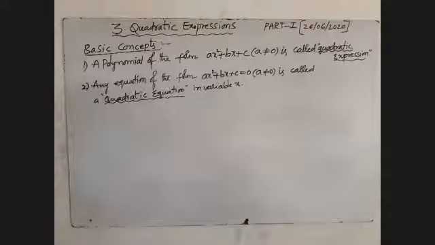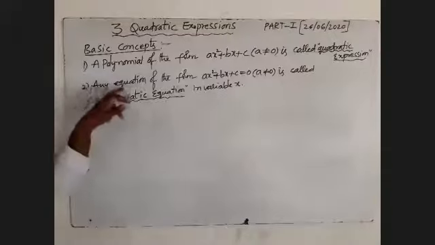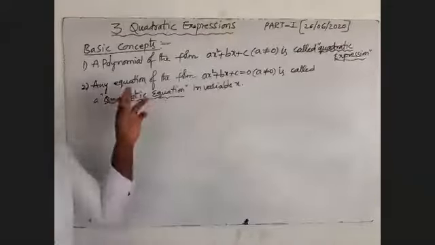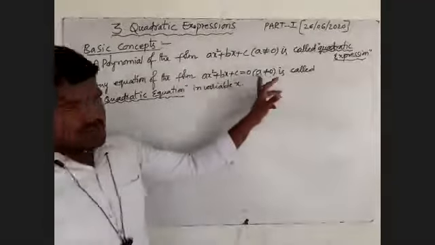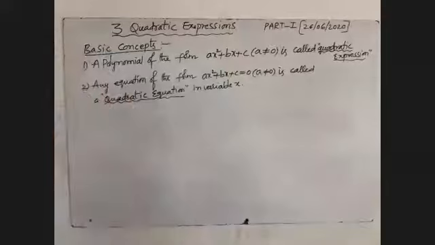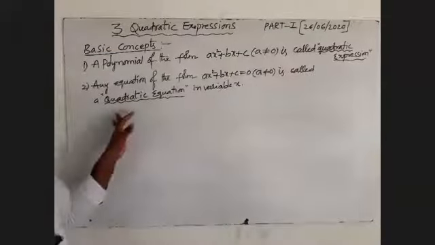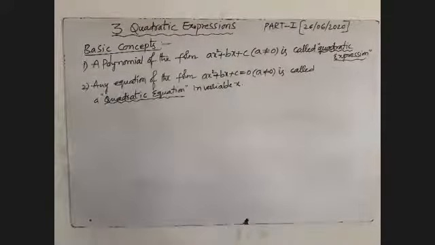We'll observe this one. Any equation of the form ax square plus bx plus c is equal to 0, where a does not equal to 0, is called a quadratic equation in variable x.